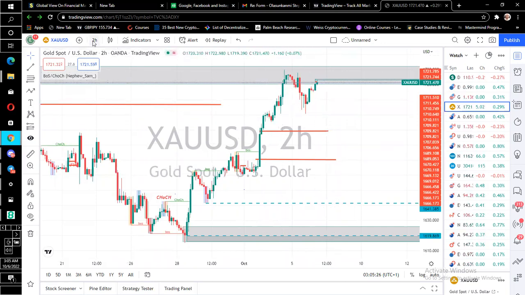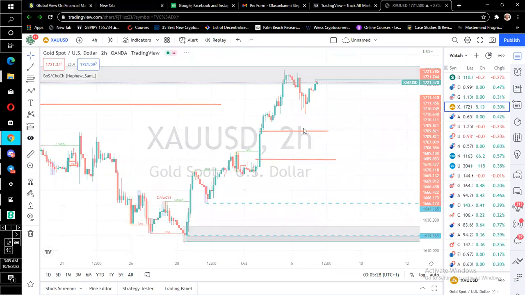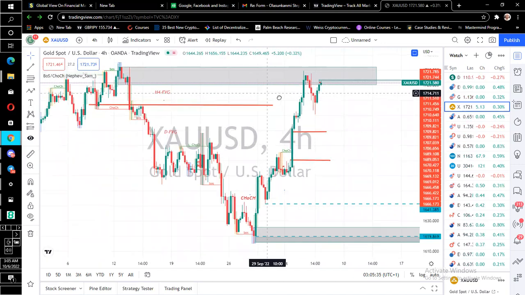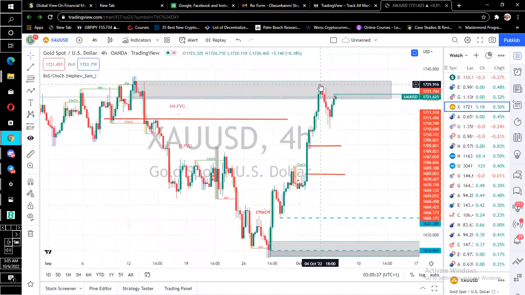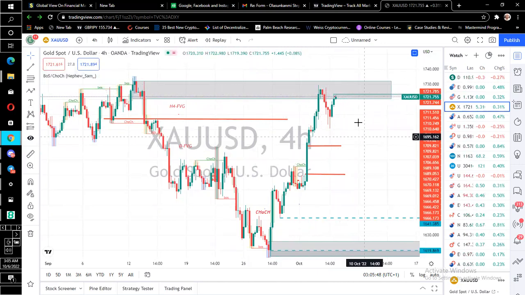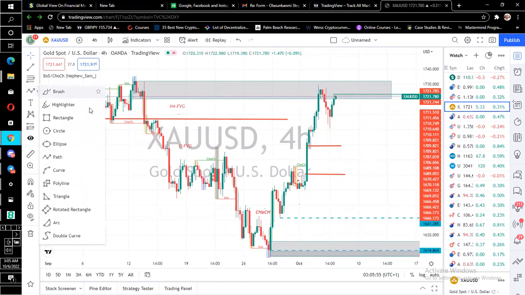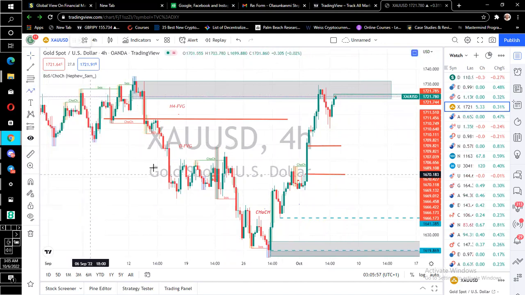But then let's go to the 4 hours and see what happens. On the 4 hours, this market can potentially take away this particular high before it starts coming down. And that is what I'm seeing here. I'm seeing this market trying to go back up, take away this high before it starts coming down. Based on what we're seeing here, I'll be expecting this to happen on this trade.